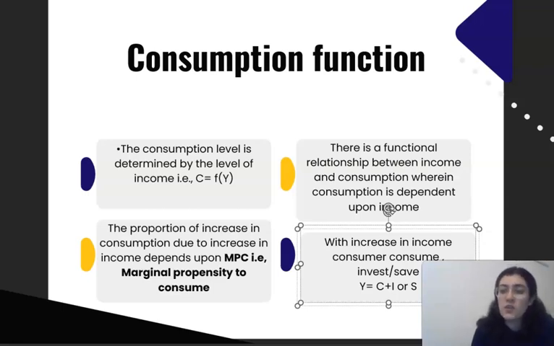Now the income that we are taking here is the disposable income that we are left with in hand. That is income after paying all the taxes, after receiving all the subsidies, after doing all the deductions like PPF deductions and tax deductions, and the additional revenue that we generate through subsidies.